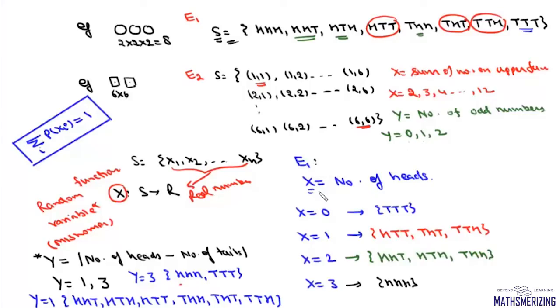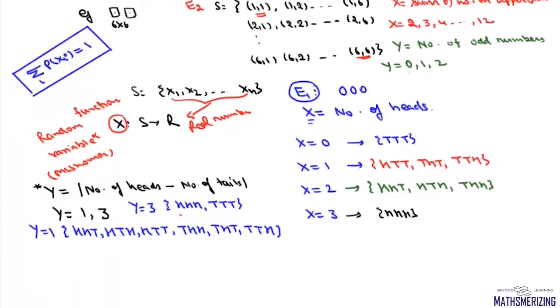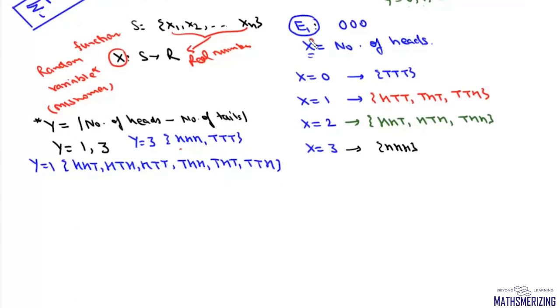Say for example, suppose we take this random experiment, which is tossing 3 coins. Now let us take this random variable x. In this case, x represents the number of heads. Now x can take 4 values, 0, 1, 2 and 3. So we'll draw this table.